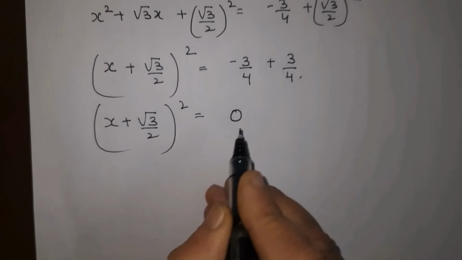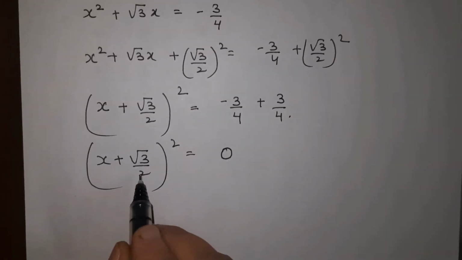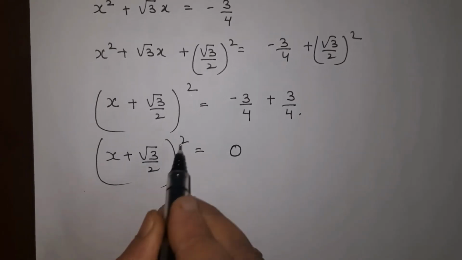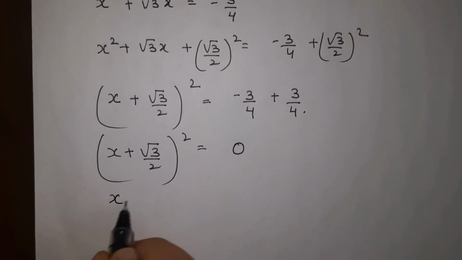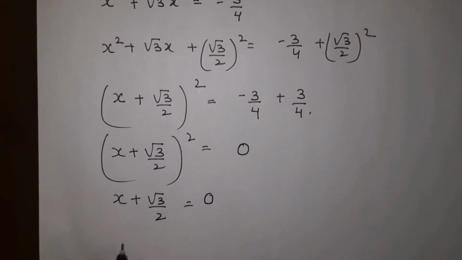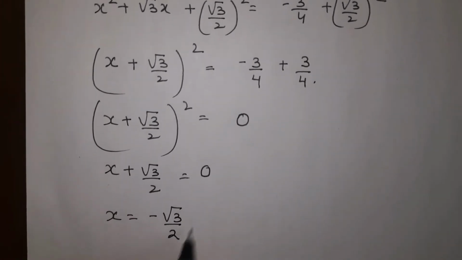Now you have to see a number whose square is 0. Square of 0 is 0. That means if this is 0, then its square will be 0. That is, this term is 0. So we will get x is equal to minus root 3 by 2 as the answer.